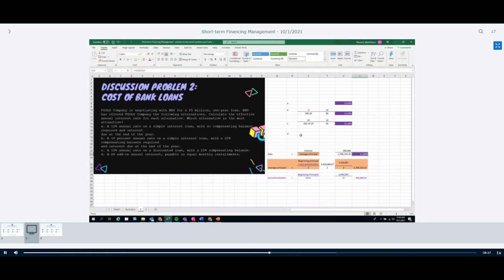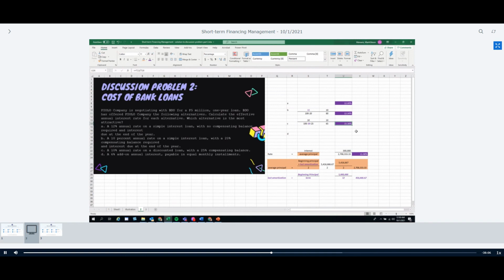So, of course, punta tayo dun sa may pinakamababang interest rate, no? So, the answer is option letter D because it's only 11.08% compared to 12%, compared to 12.5% and 15.13%.